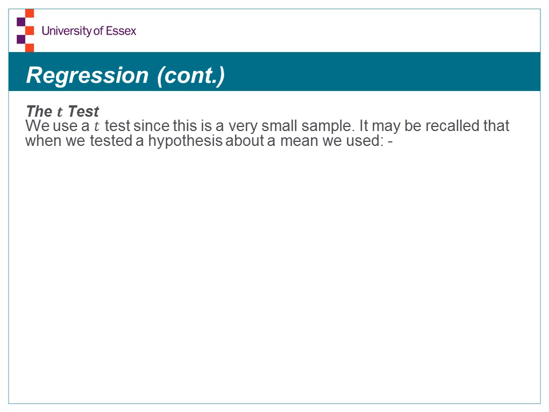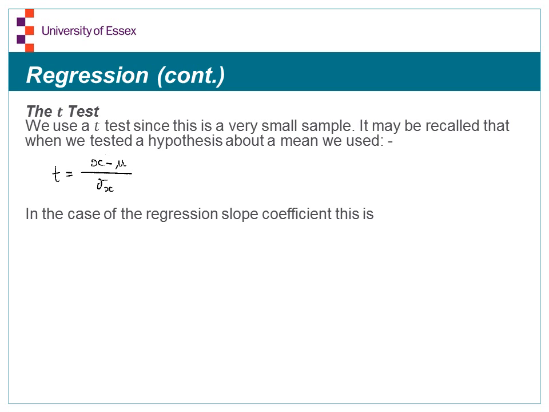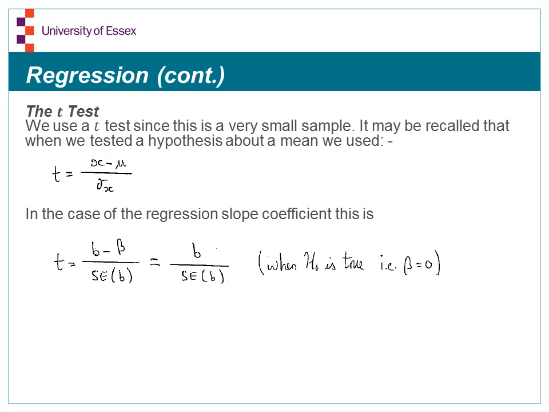It may be recalled that when we're looking at a hypothesis test for a mean, we do x minus the mean and then divide by the standard deviation. So it shouldn't be too surprising that when we're doing a test for our slope coefficient, we're going to do something very similar.